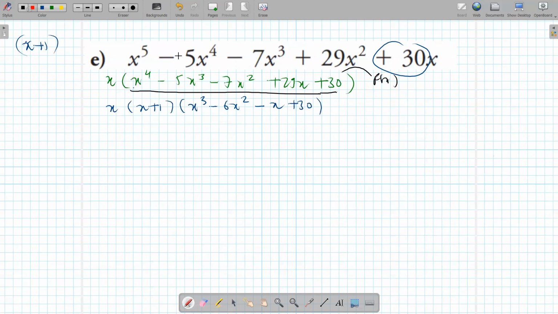Now I'm going to call this new bracket g of x, so we don't mix them up. Now we need to factor g of x. It's a cubic function. How do you factor a cubic function? It's the same idea as the quartic function that we just factored. What do we do?